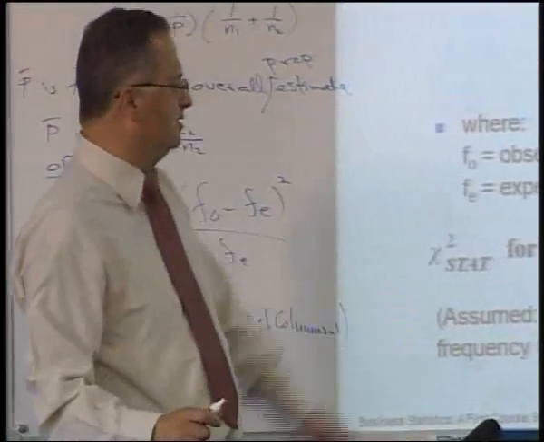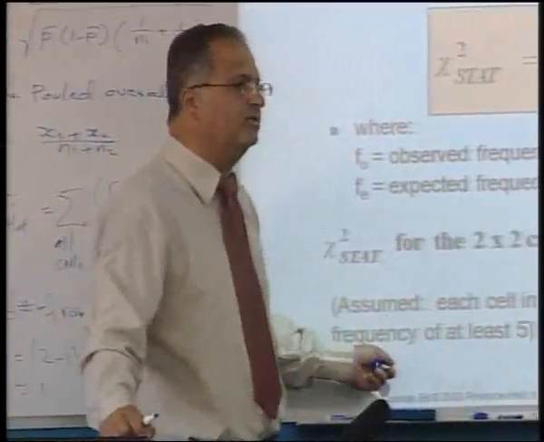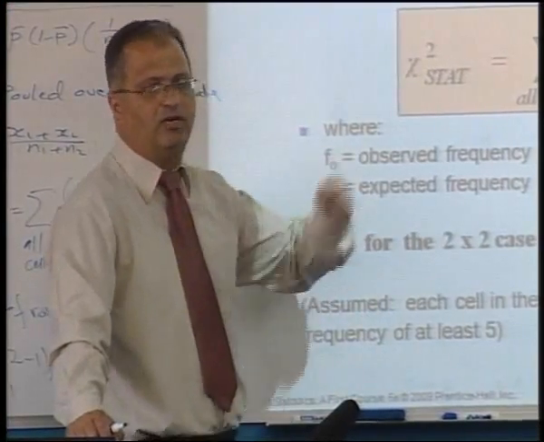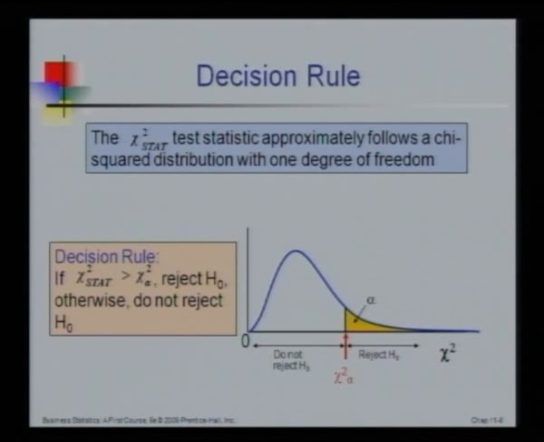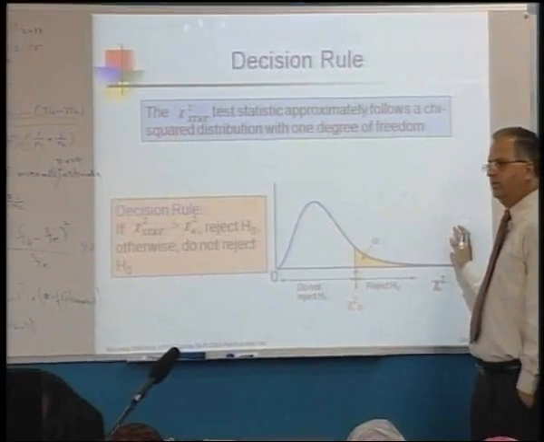Here the assumption is that the expected frequency is at least 5 in order to use the chi-square statistic. Chi-square is always positive. I mean, the chi-square value is always greater than 0. It's a one-tail test to the right.